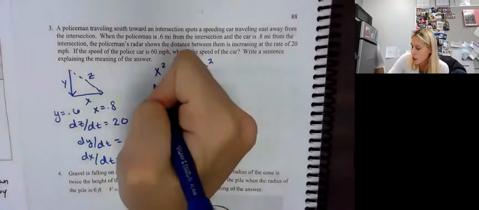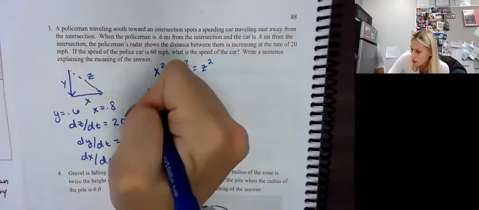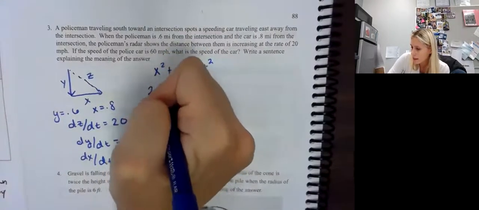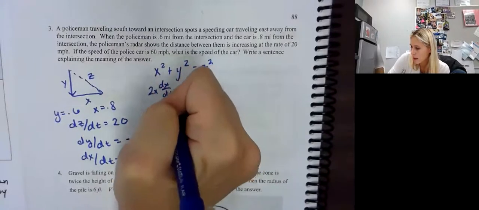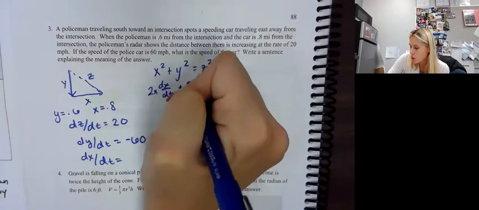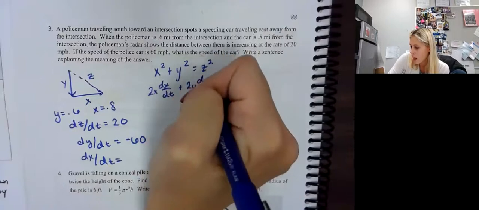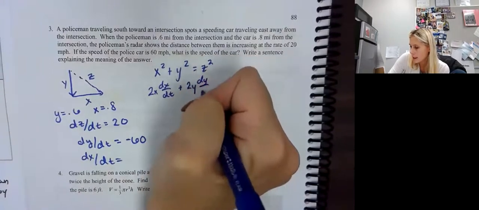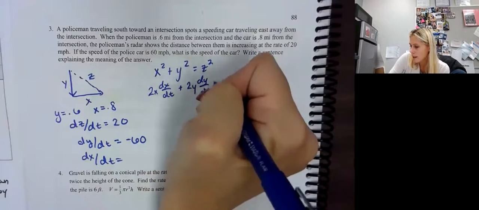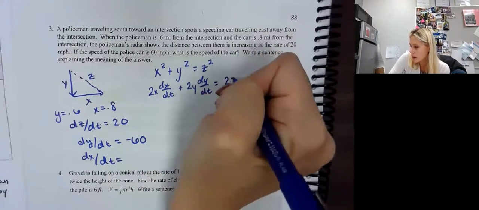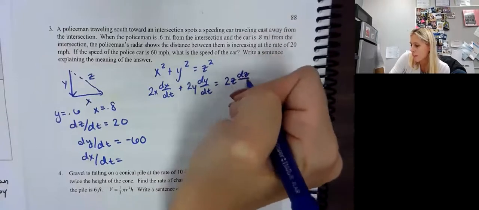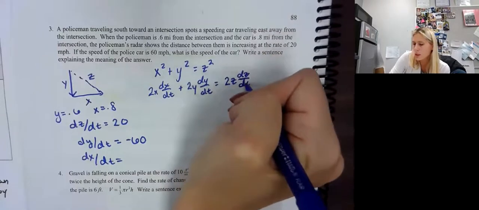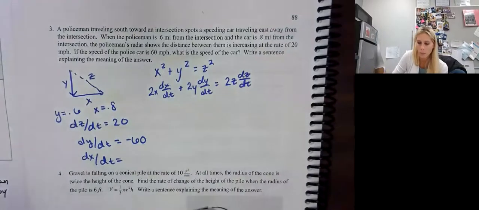Let's take our derivative. So I get 2x dx/dt plus 2y dy/dt equals 2z dz/dt. Now, some of you might recognize that I could get rid of the 2's because they all cancel out, but I'm just going to keep them there for now.